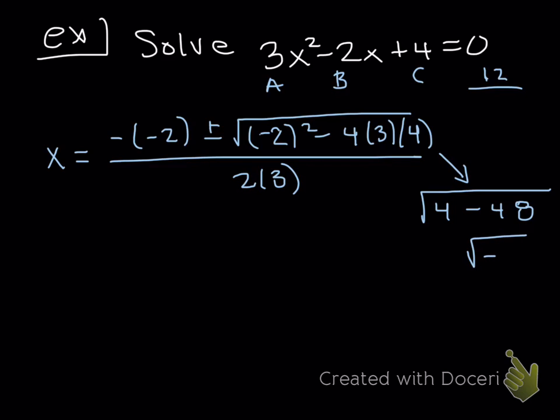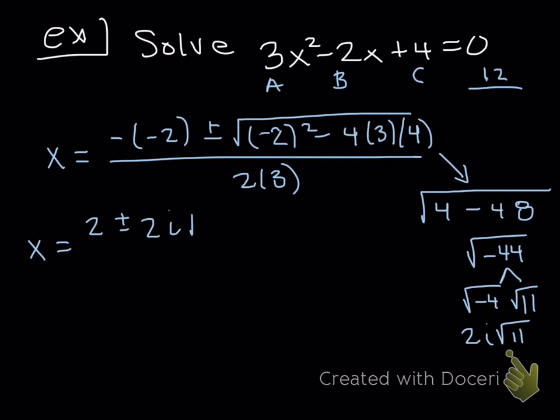So I'm dealing with the square root of a negative 44, and I know I can break this up into a negative 4 and a root 11, so I get 2i root 11. So I'm going to take that and put that back in the problem. So I have x equals a positive 2 plus or minus 2i root 11 all over 6, and then we reduce our outside number.